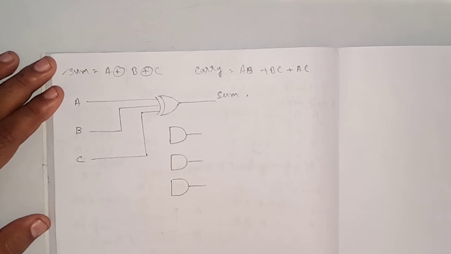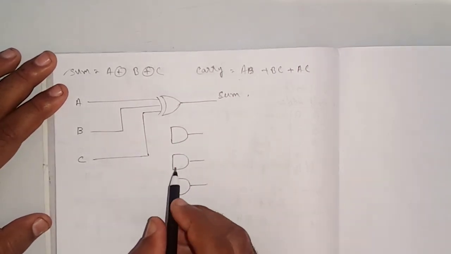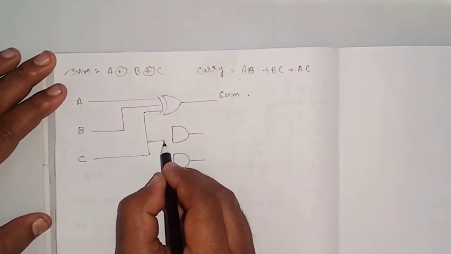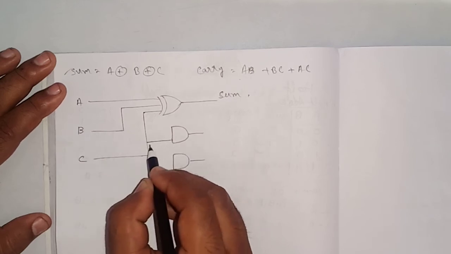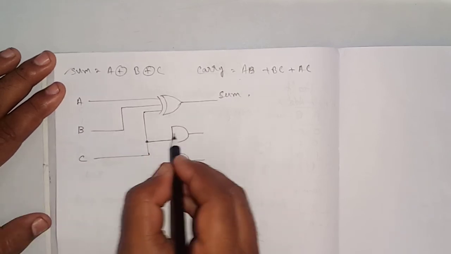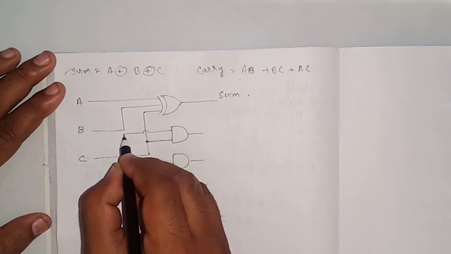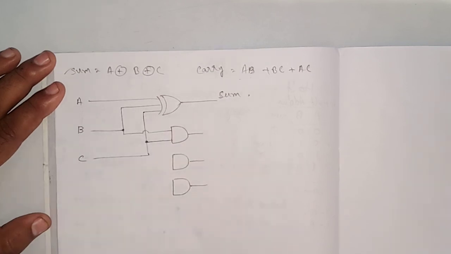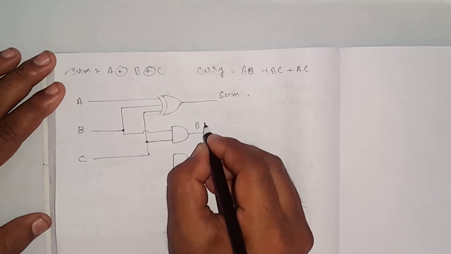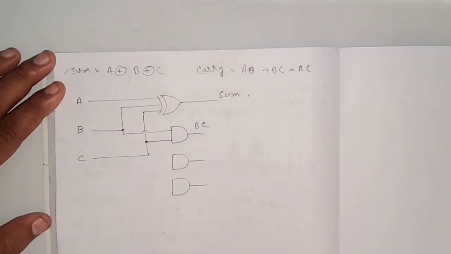Okay. So first, for an easy task, the C line and the B line. So B C. Okay.